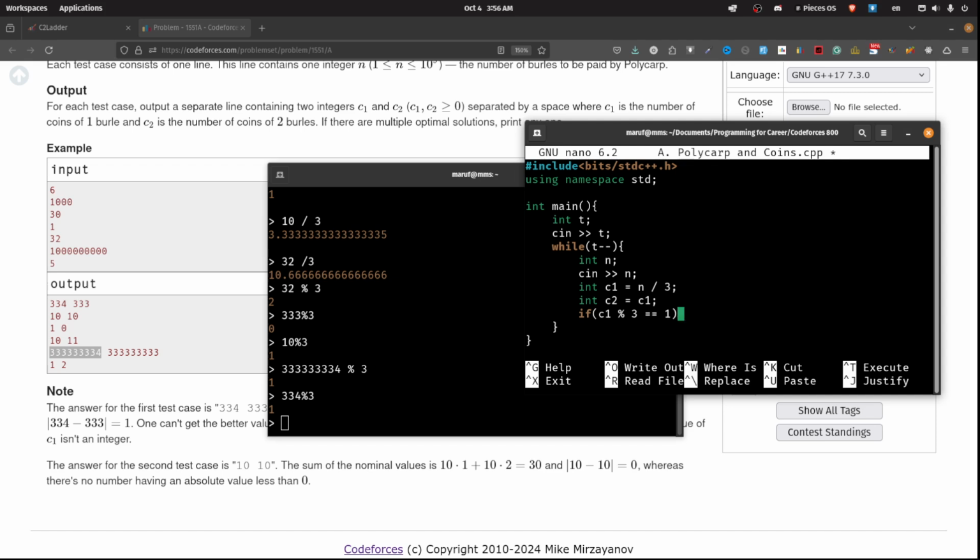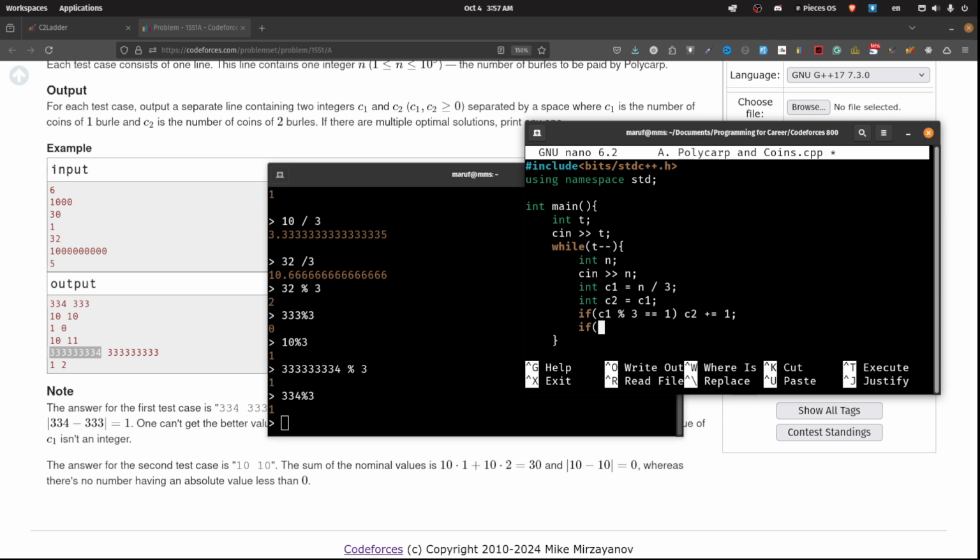So if this is the case, we get 1 as the output. So I can say that the value of C2 is increased by 1. Okay, that's fine.